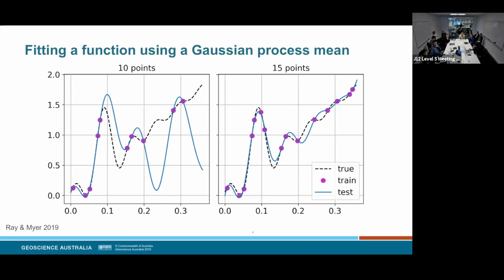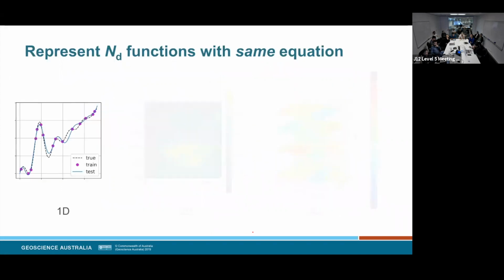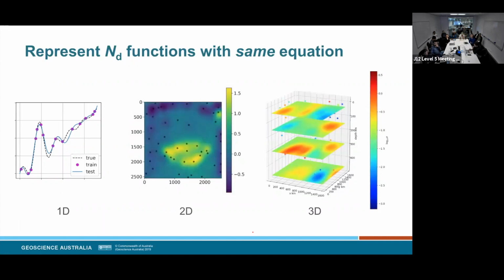Now, the beauty of being able to use a Gaussian process formulation, I think, is that Gaussian processes don't really care about spatial dimension. You could have a 1D process where your property of interest is changing along only one axis. You could have two spatial variables, an image.